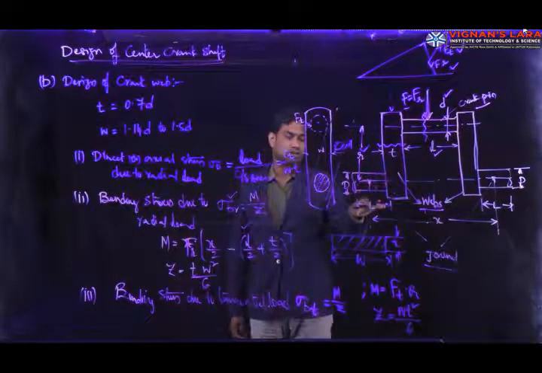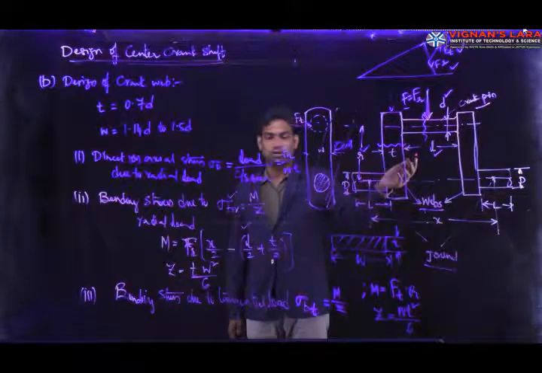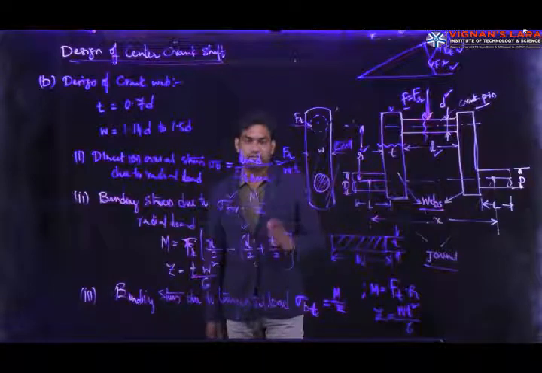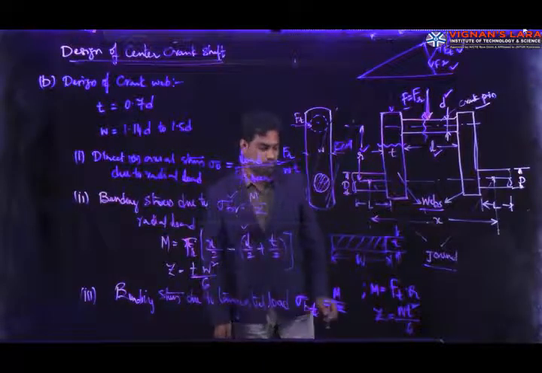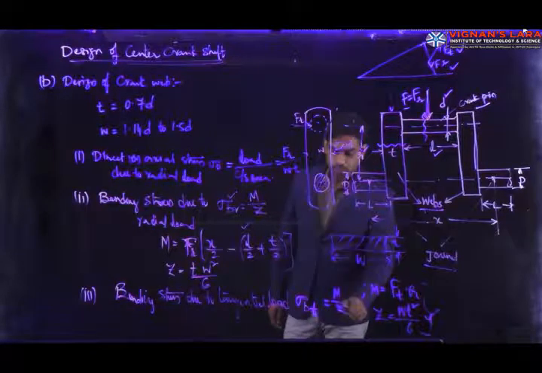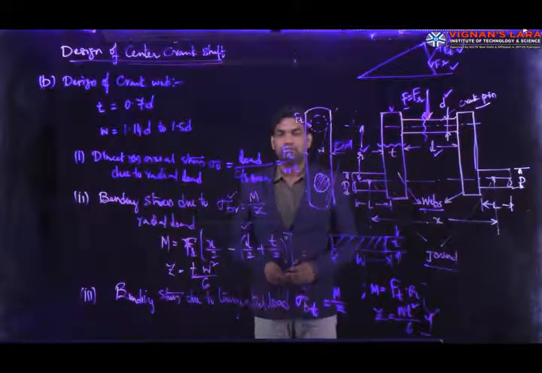In the earlier case it was about Ixx, and now here it is Y. So in the previous case T W square by 6, but here it is W T square by 6. Clear? By substituting both the values we may get the bending stress due to the tangential force.